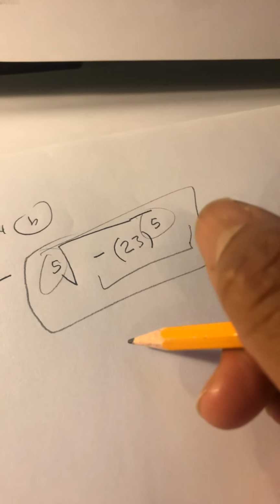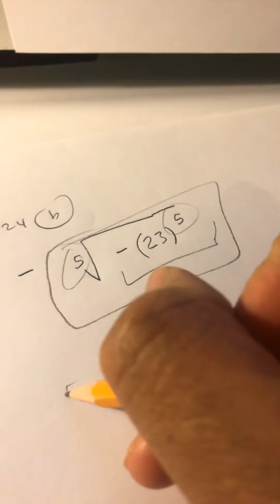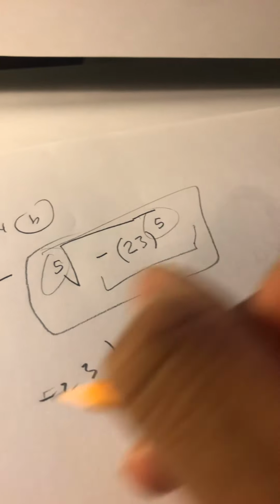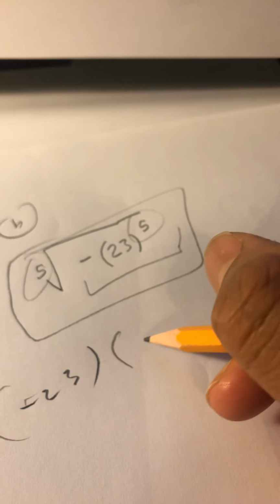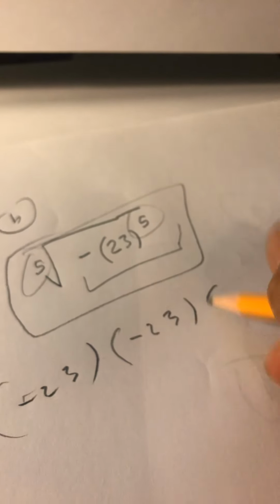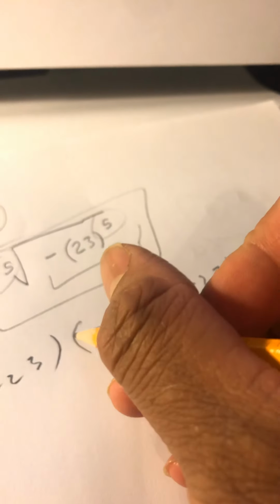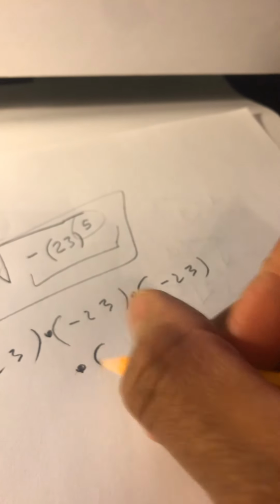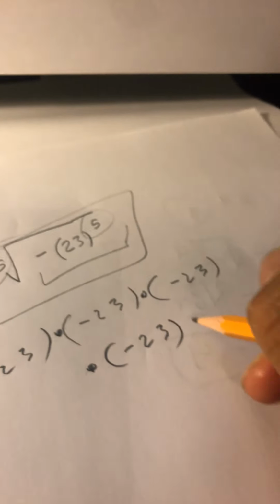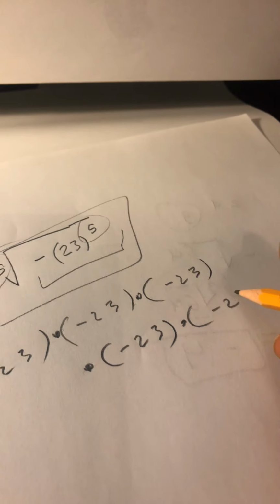That part, and the fifth root is basically, think about it, you're multiplying negative 23 times negative 23 times negative 23, times negative 23 times negative 23.